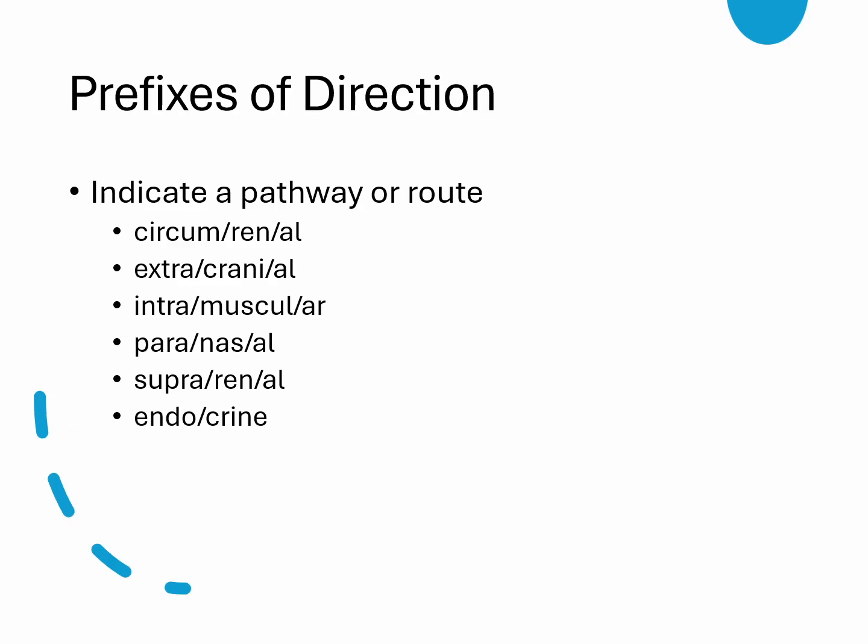So in the examples here, circumrenal means around the kidney, extracranial means outside the skull, intramuscular means within the muscle, paranasal means beside the nose, suprarenal means above the kidney, and endocrine means secrete within. These show the anatomical relationship between structures.